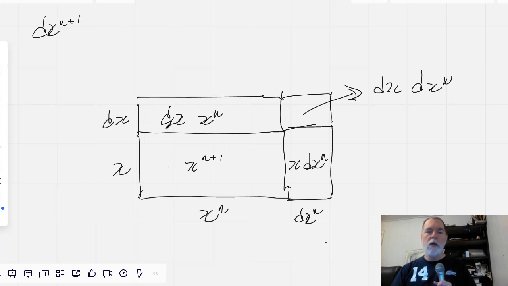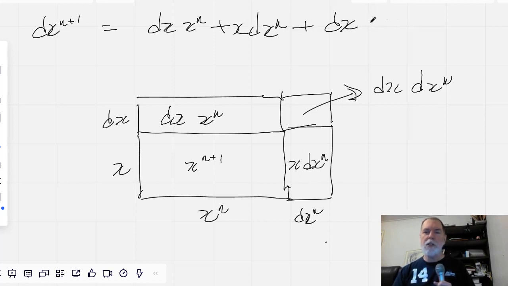All right, so how much have we added here? We've got dx times x to the n plus dx to the n times x. Okay, and then we've got this little bit over here, which I think you can suspect what's going to happen to it, times dx to the n.